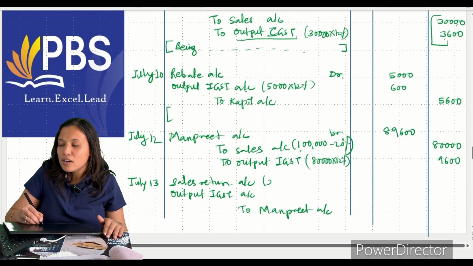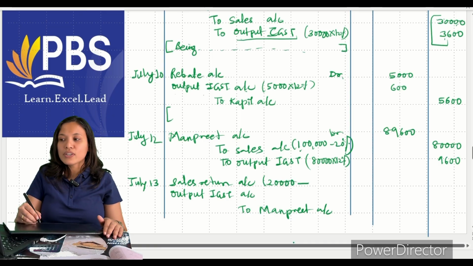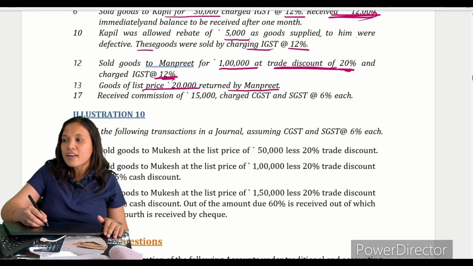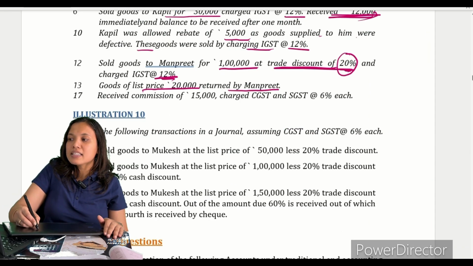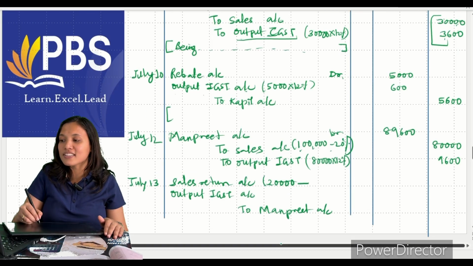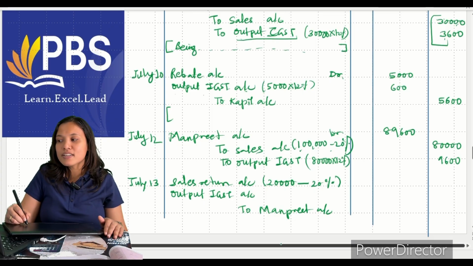But it is list price and not the net price. What is our trade discount? In the previous entry, Manpreet was given a trade discount of 20%. So deduct 20% from here. So it is 20,000 minus 4,000, that's 16,000.